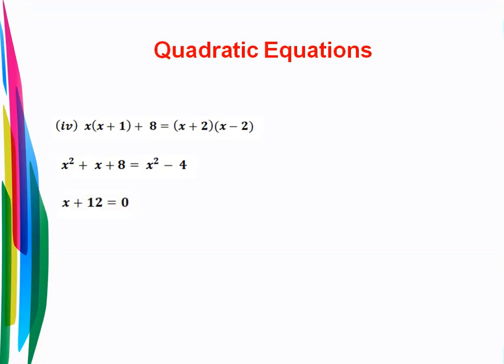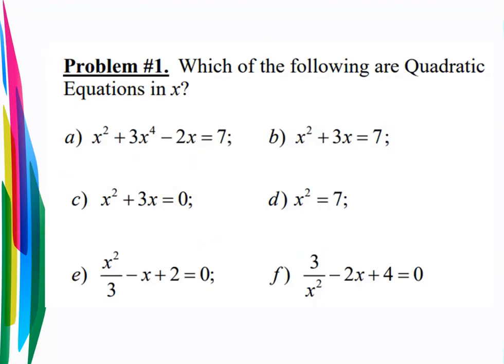Now this equation is not of the form ax square plus bx plus c equal to 0. Therefore it is not a quadratic equation. Okay, now I have around 6 equations in x and I can very well see which one is a quadratic equation or not.